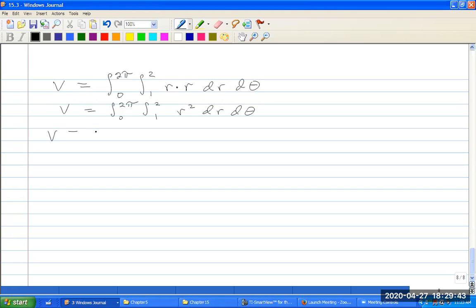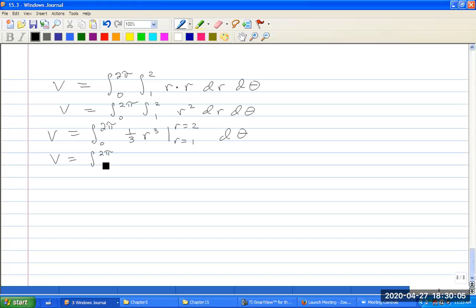So now let me integrate. Integral from 0 to 2 pi. Integral of r squared is 1/3 r cubed between r equaling 1 and r equaling 2. So let's evaluate this.